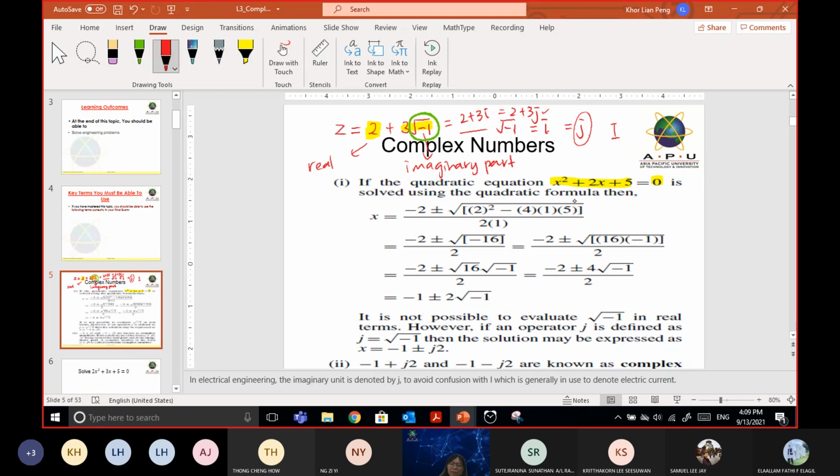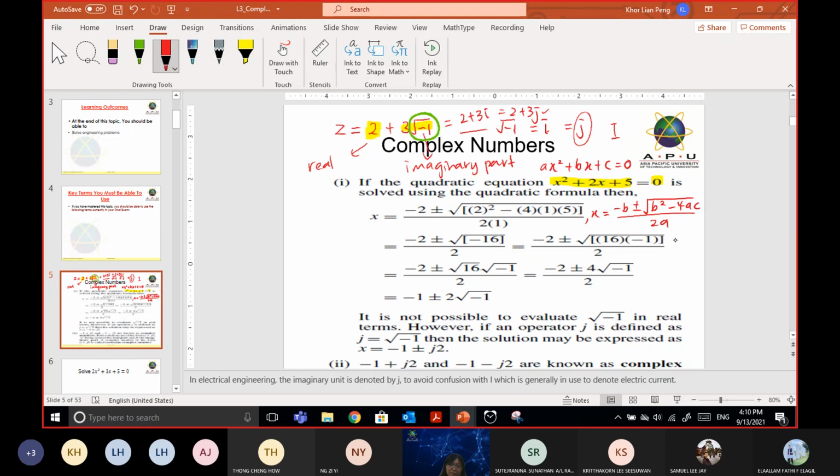Still remember, when we have an equation ax squared plus bx plus c equals 0, and we want to solve the quadratic equation without using factorization, then our formula will be x equals negative b plus minus square root of b squared minus 4ac, divided by 2a. So minus b plus minus square root of b squared minus 4ac over 2a.